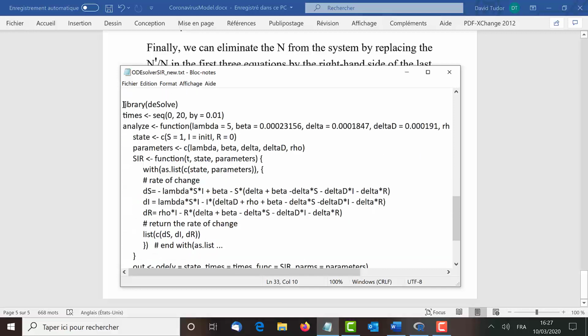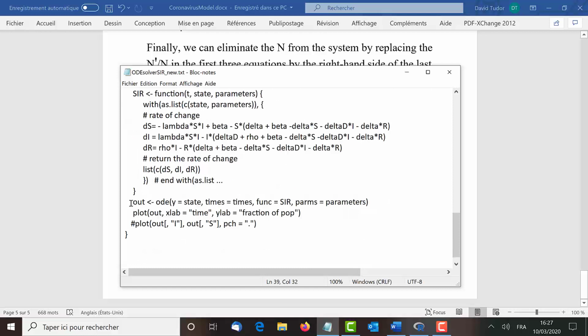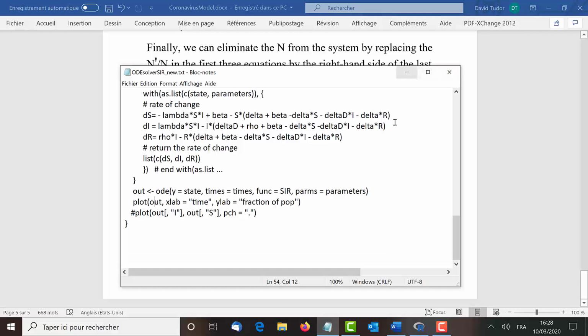The program that I'm using here to solve the equation is called deSolve. It's a package in R. And I'm going to look at times going up to 20 weeks and see what the evolution of the disease is. You can see it calls here ODE, ordinary differential equation, and plots out the behavior of the function. So let's go down to R.